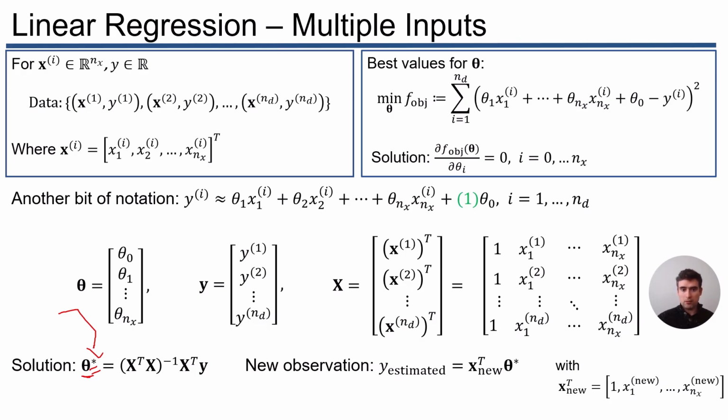First I would denote this x new. I simply add the 1, the bias, and then I directly multiply it by the optimal vector of parameters. And what this will give me is the y estimated. I could put a hat here, but basically this gives me the best estimate that I can have given my data, assuming that I have a linear model.